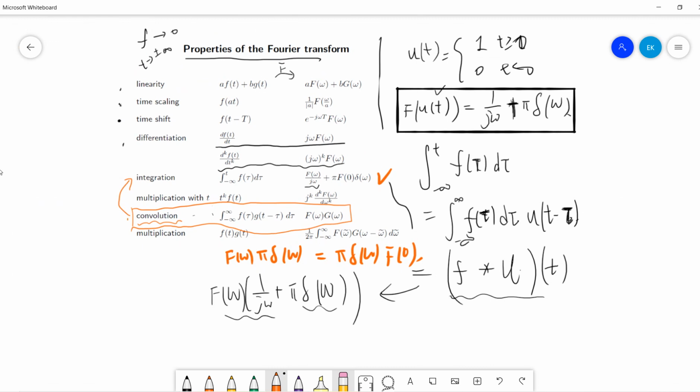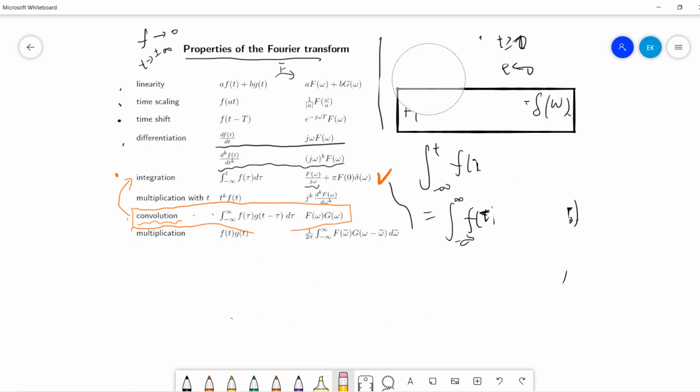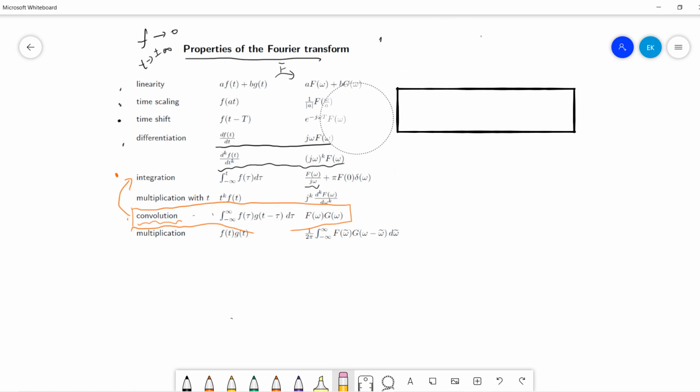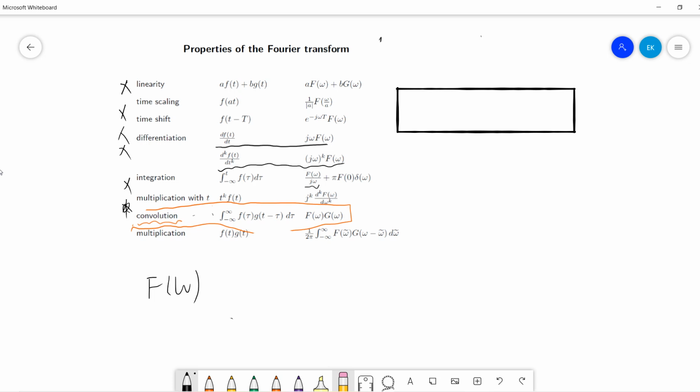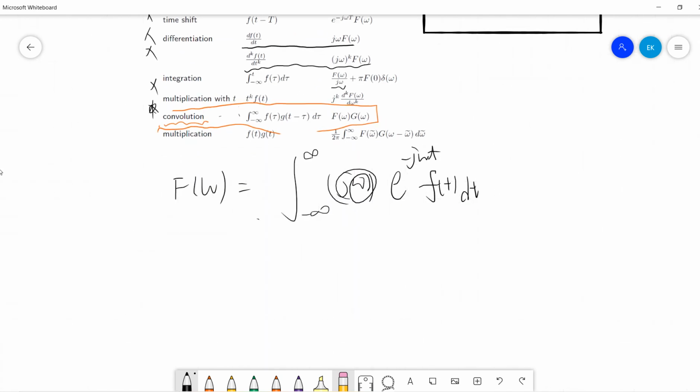Okay. So now we can go back to see this multiplication. This multiplication is basically a trivial one. We have proved this. Multiplication is very easy because F of omega is just the integral with exponential minus j omega t, and you just take the derivative with respect to omega.